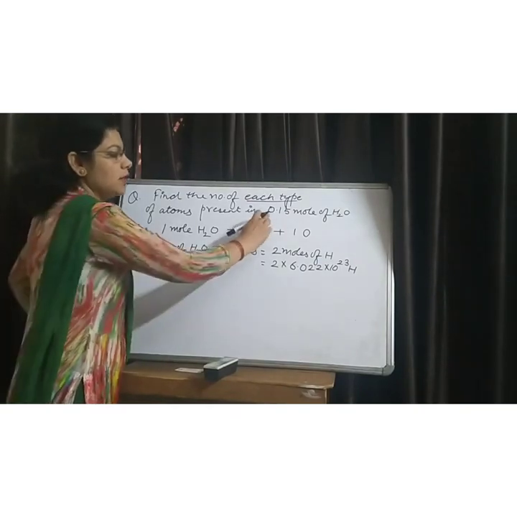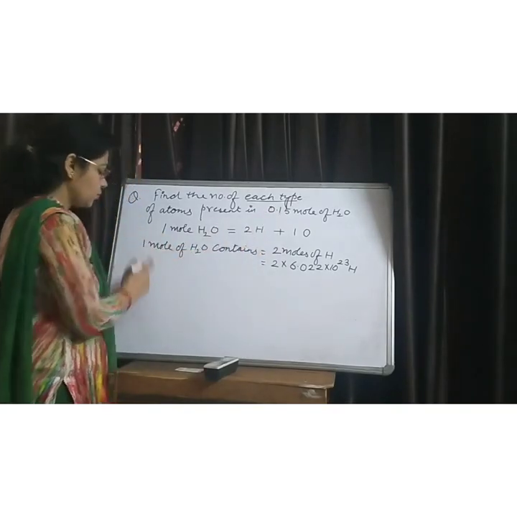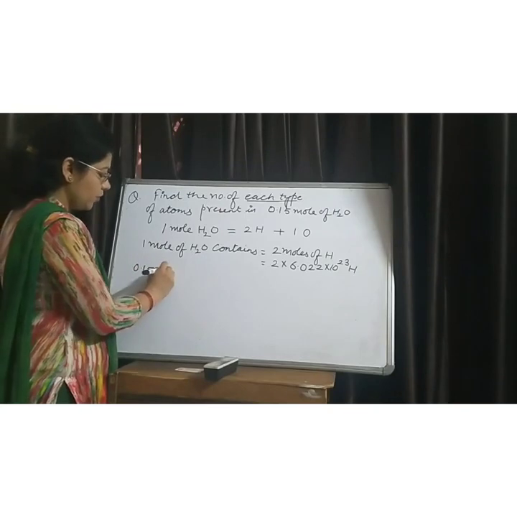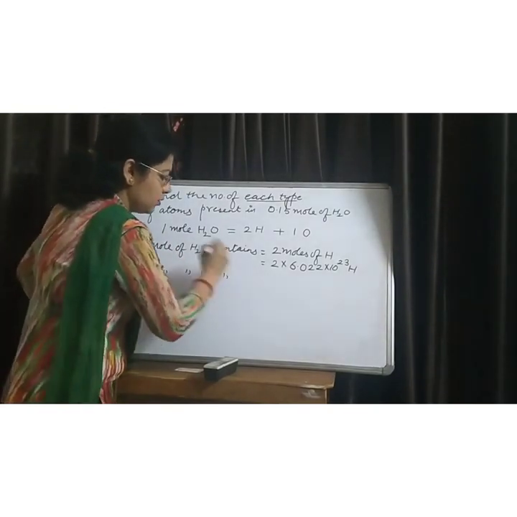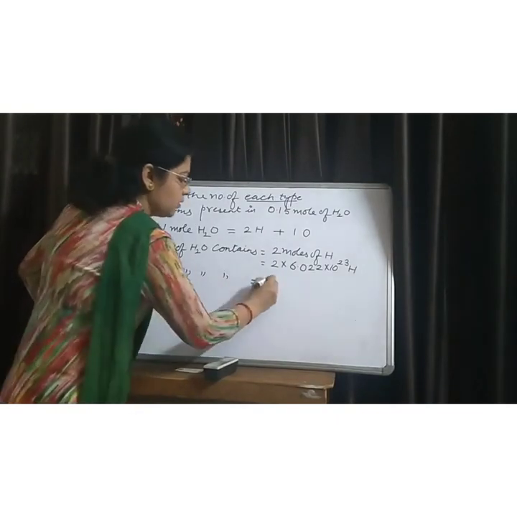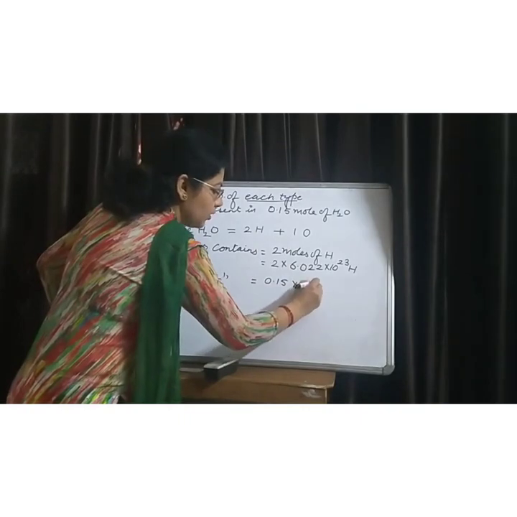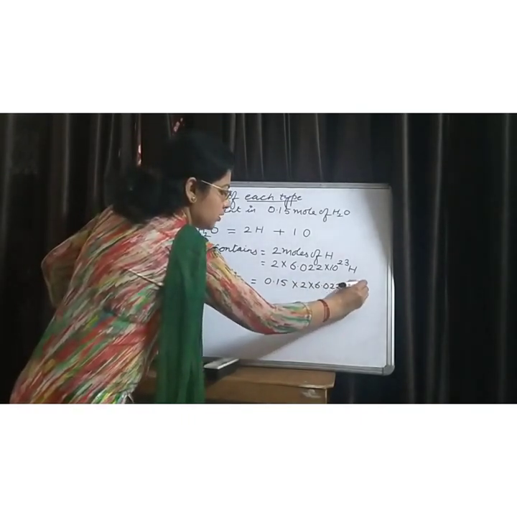and we have to calculate in 0.15 mole. So put here, in 0.15 mole of water, the number of hydrogen atoms are 0.15 into 2 into 6.022 into 10 raised to power 23.